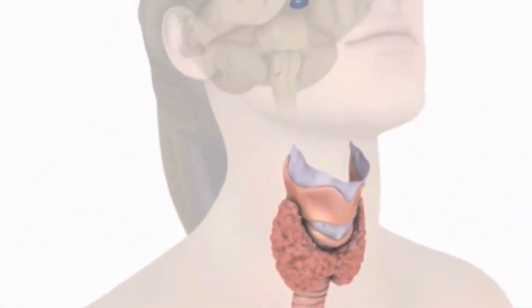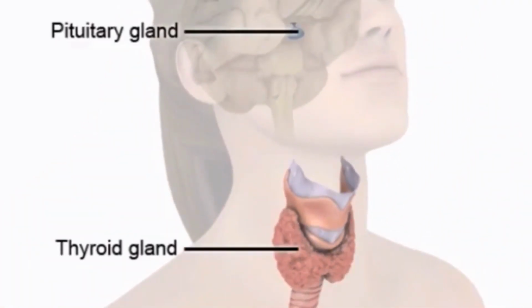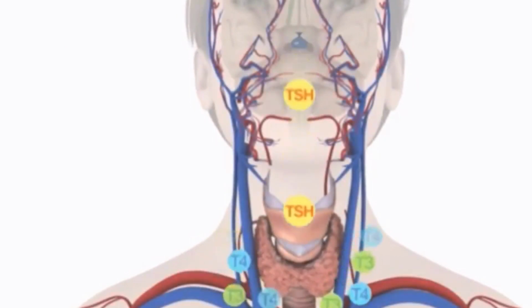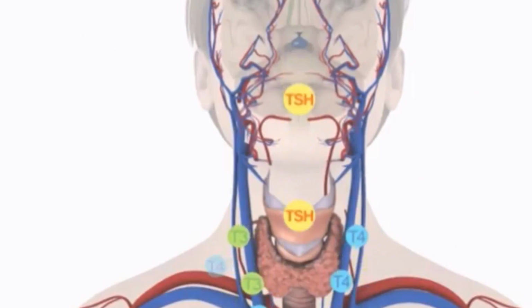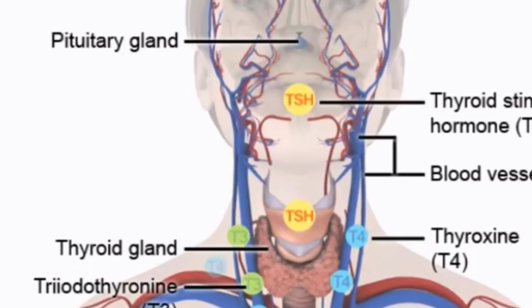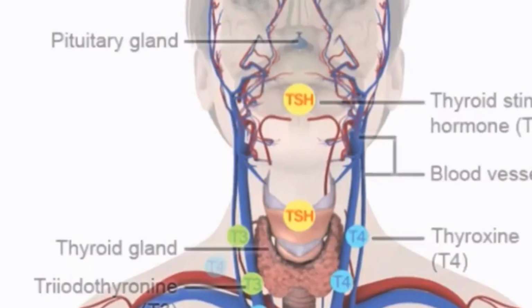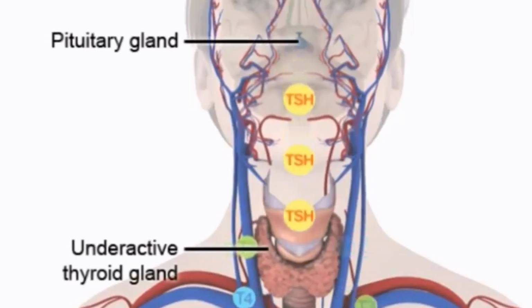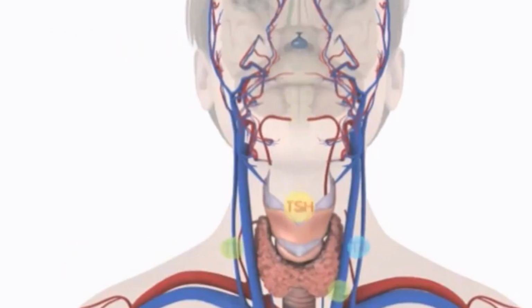Thyroid conditions include hypothyroidism, underactive thyroid; Hashimoto's disease, an autoimmune condition that causes hypothyroidism; hyperthyroidism, overactive thyroid; Graves' disease, an autoimmune condition that causes hyperthyroidism; thyroiditis, thyroid inflammation; thyroid nodules; goiter, enlarged thyroid gland; thyroid cancer. Issues with your pituitary gland or hypothalamus can also cause abnormal thyroid hormone levels since they help control thyroid hormone levels.